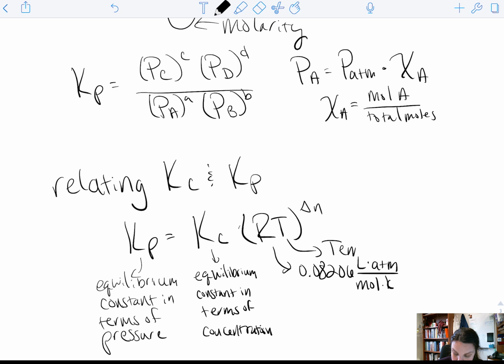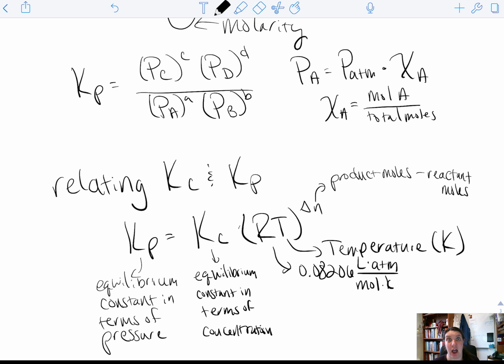Our temperature is in Kelvin. And then our delta n is going to be our product moles minus our reactant moles. So you're just going to add up your stoichiometric coefficients.